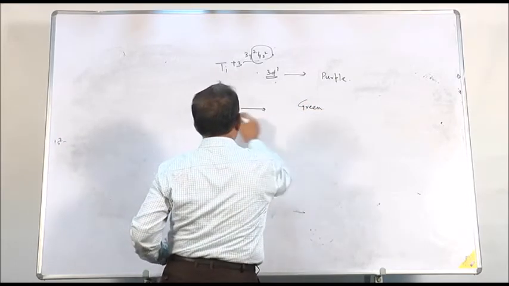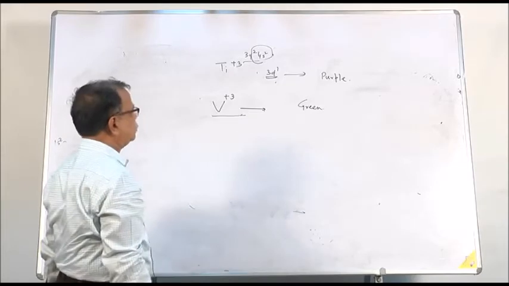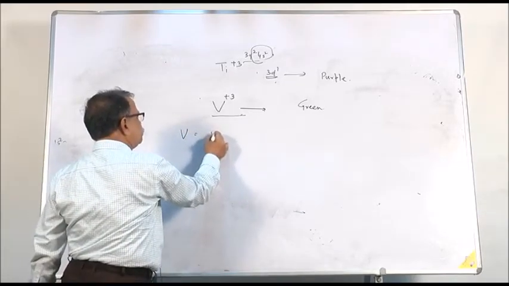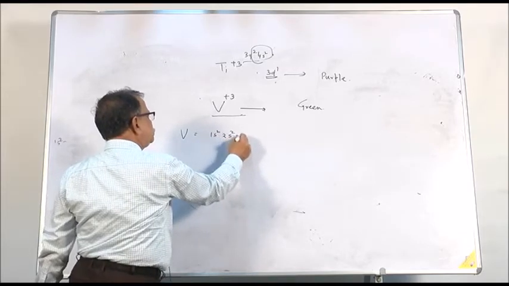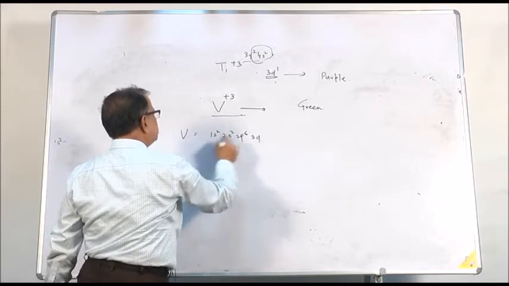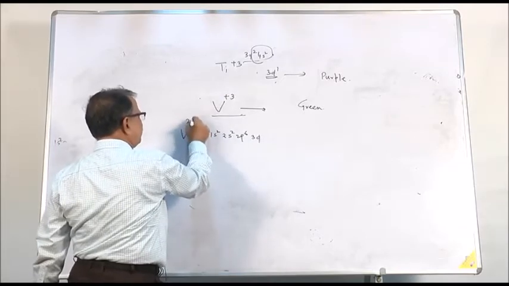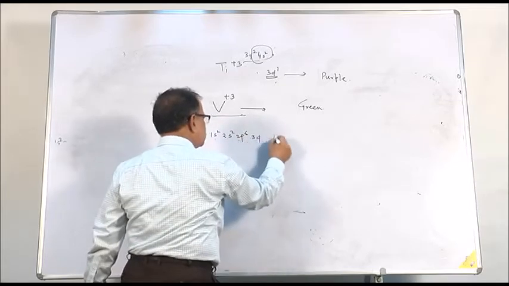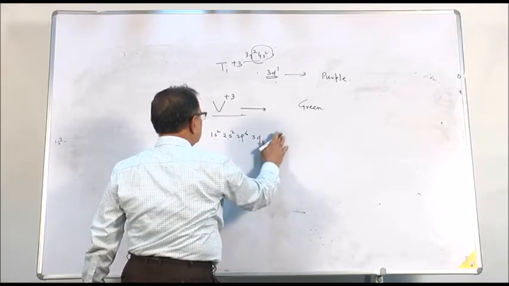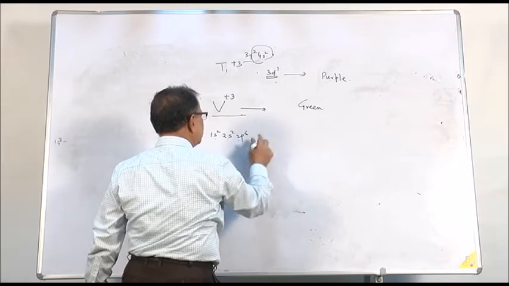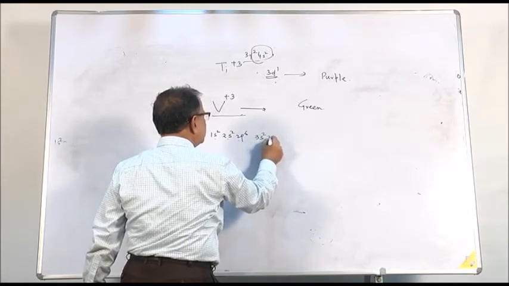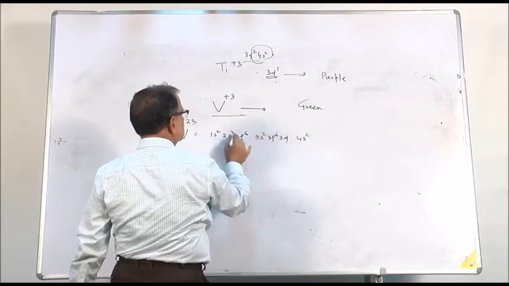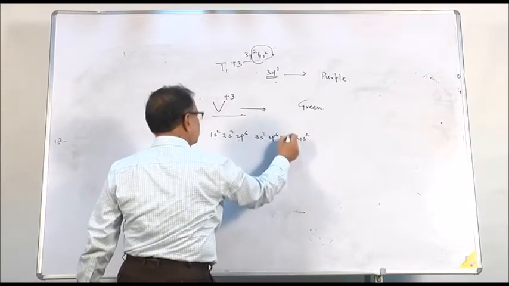Why is vanadium plus 3 in aqueous solution green? Vanadium atomic number is 23: 1s2 2s2 2p6 3s2 3p6 4s2 3d3.